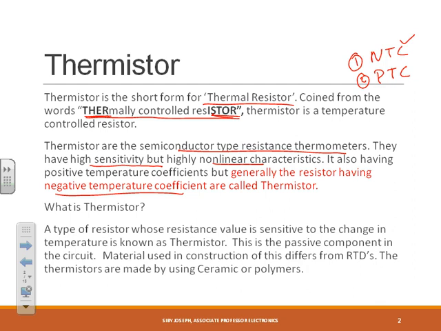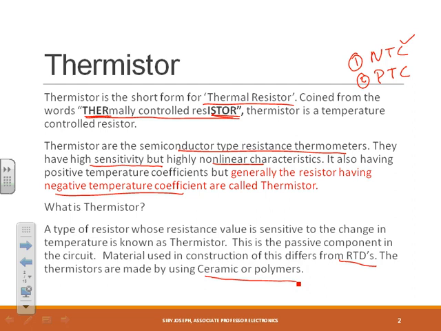The material used in construction differs from an RTD. In an RTD we use pure conductive material like platinum, copper, or nickel. But in the case of a thermistor, we use a combination, some ceramic or polymers. Thermistors have many applications in industry as well as in hobby kits.